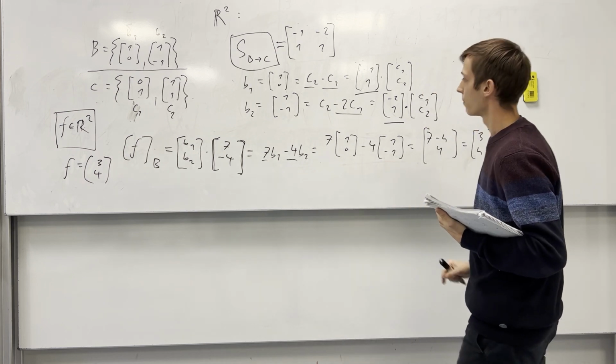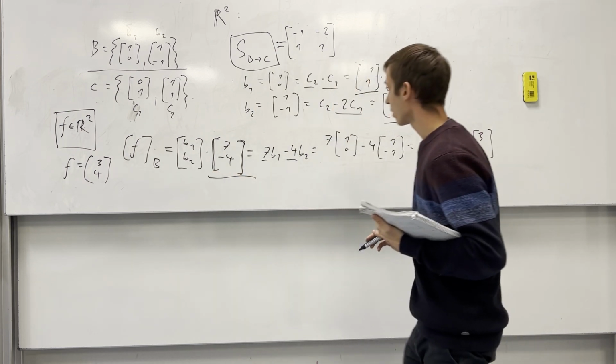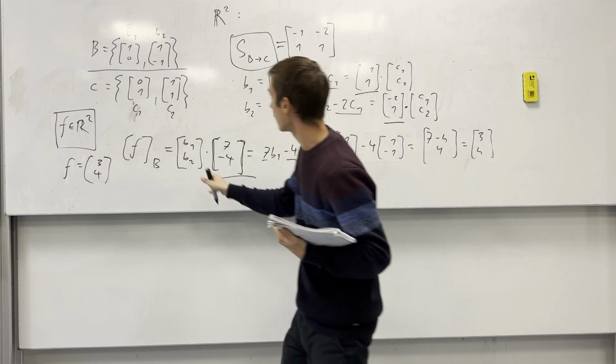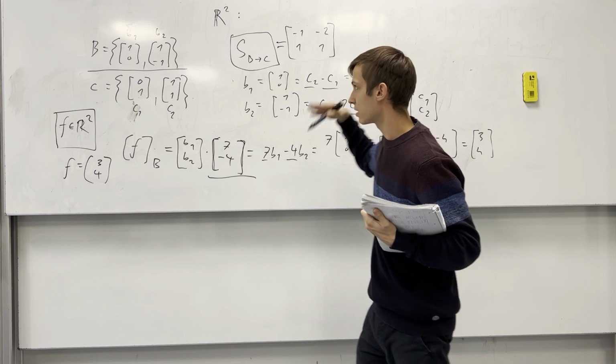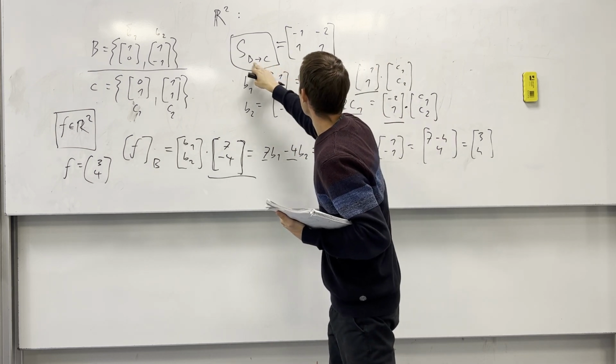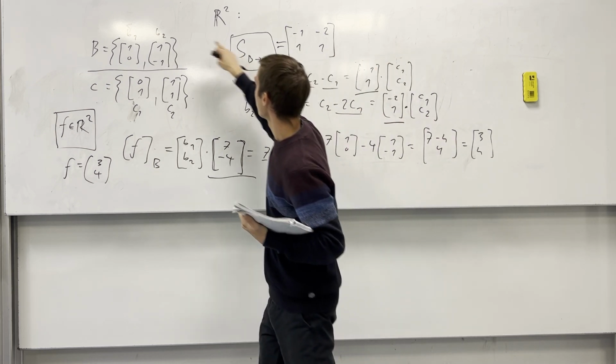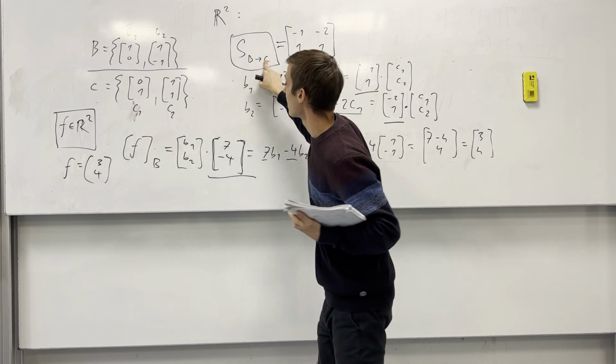And now what I want to do, I know 7 and minus 4 is f expressed using the basis b. And what our change of basis does, and I've written this many times just to make it clear, is it transfers our expression from in terms of basis b into in terms of basis c.